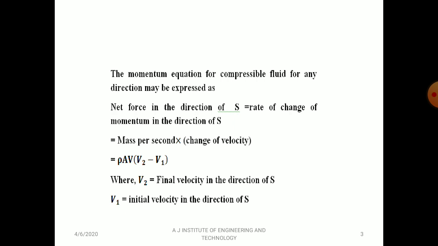But the only modification you can make here is in velocity. So mass per second into change of velocity, mass per second is rho A v, and change of velocity is final velocity minus initial velocity, that is v2 minus v1, where v2 equal to final velocity in the direction of s and v1 equal to initial velocity in the direction of s. So the equation is rho A v into (v2 minus v1). You have to remember this thing. This is needed for deriving the expression for velocity of sound.